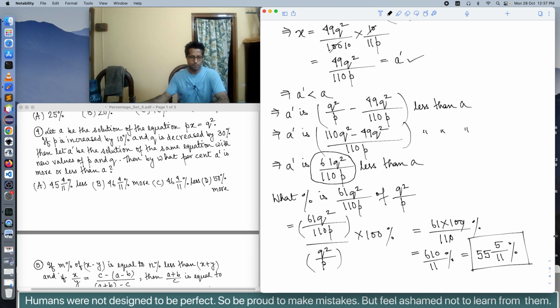This problem was framed by me, and I think I have given the choices incorrectly. So, as per the given information in the problem, the answer should be 55 and 5 by 11, and it is not given as a choice. I'm sorry, it must be my mistake in giving the choices, as this question was framed by me.